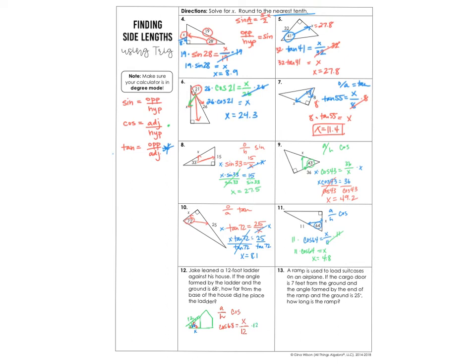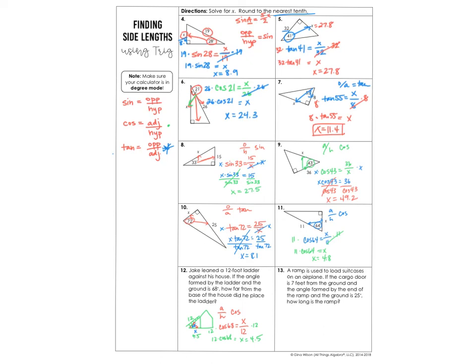So we're going to multiply by 12 and be done. So x equals 12 times the cosine of 68. So 12 times the cosine of 68 is 4.5. Okay, so what that means is this length on the ground is 4.5 feet. So the ladder has to be 4.5 feet away from the house for it to stand up.